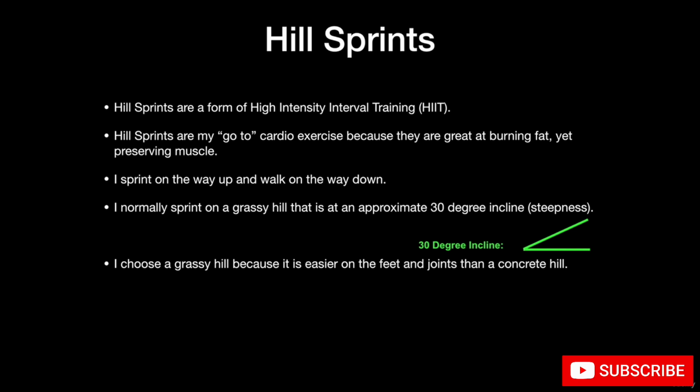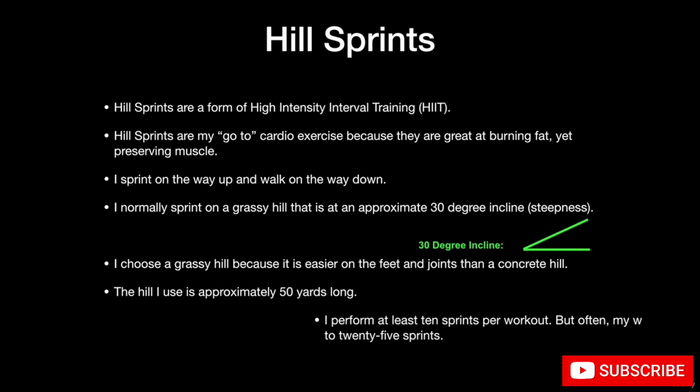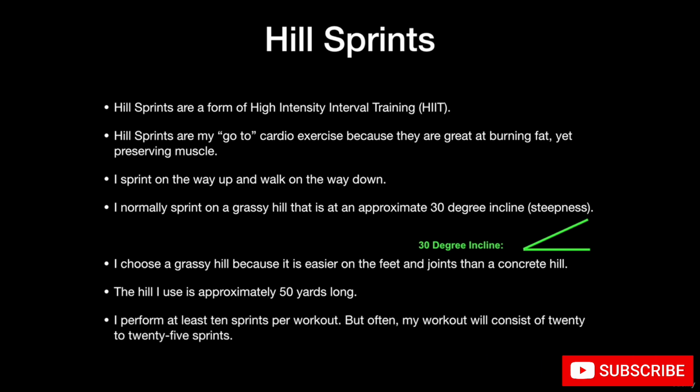I personally choose a grassy hill because it's easier on the feet and joints than a concrete or asphalt hill. The hill that I use is approximately 50 yards long. I perform at least 10 sprints per workout, but often my workout will consist of 20 to 25 sprints.